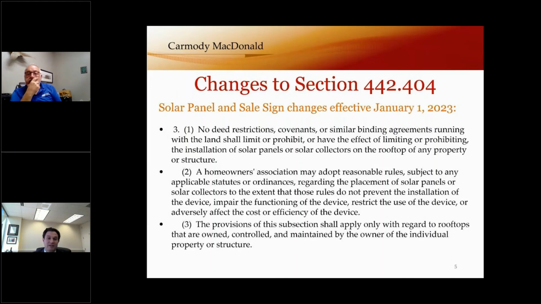However, if the contractor that's installing the solar panels comes back and says that these solar panels need to be on the street facing or front side of the house because of the angle of the roof and the sun, and gives you a reason for it, the association at that point is ultimately, per the provision here, going to need to allow that front facing or street facing solar panel, because otherwise it would impair the functioning of the device or restrict the use of the device, or adversely perhaps affect the cost or efficiency of the device.